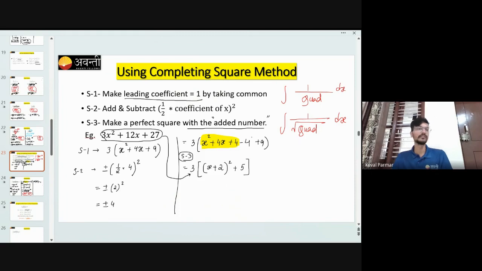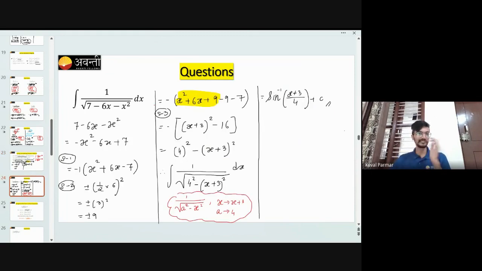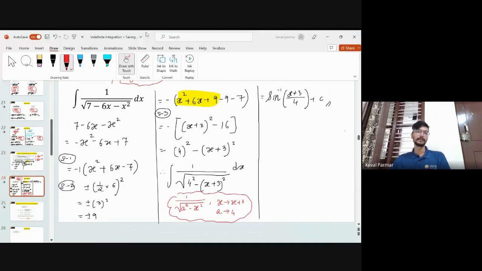This example was of the 1 upon root quadratic type. Let's move on to the next part.